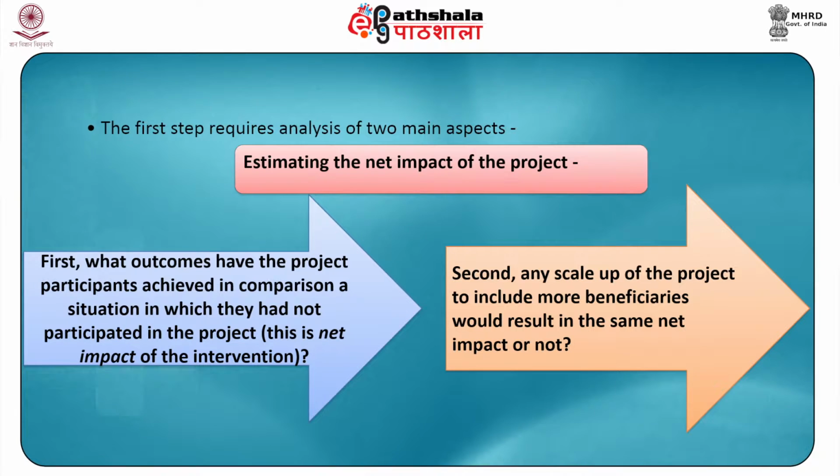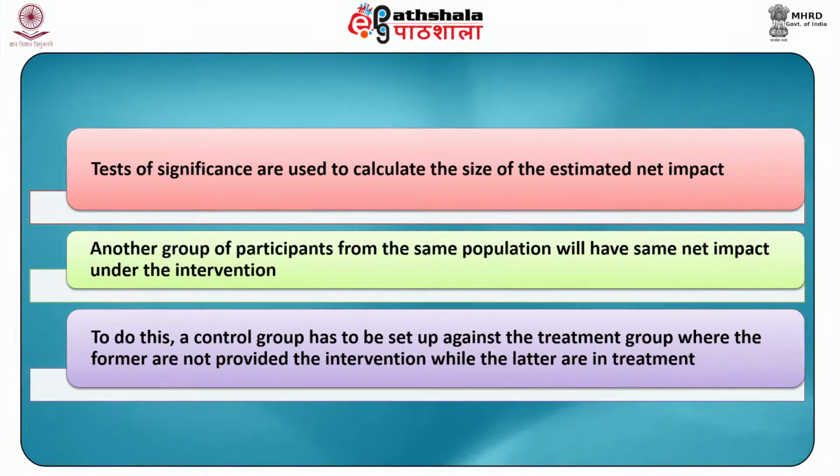Second, would any scale up of the project to include more beneficiaries result in the same net impact or not. Tests of significance are used to calculate the size of the estimated net impact.